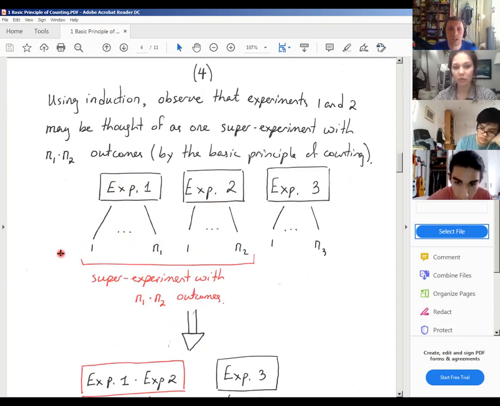This is just to describe all possibilities for each experiment separately. So in general, experiment 1 has n1 outcomes. Experiment 2 has n2 outcomes. Altogether, by the basic principle of counting, if I put experiment 1 as the rows, I would have n1 rows and n2 columns. Do you all understand?